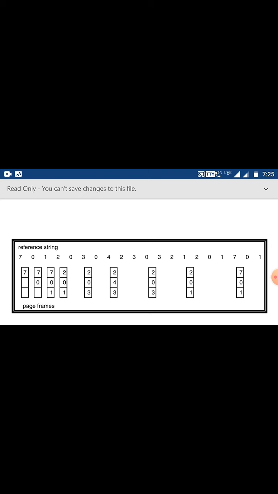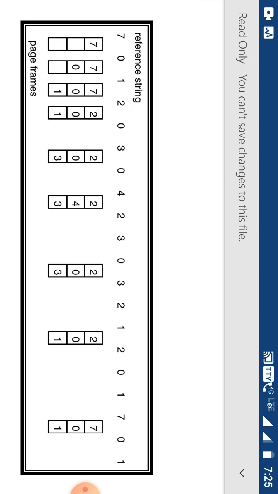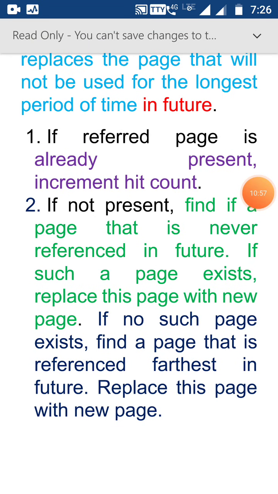This is the optimal page replacement algorithm, so it is going to find a page residing in random access memory that is not involved in execution in future for the longest period of time, or never going to be involved in execution.